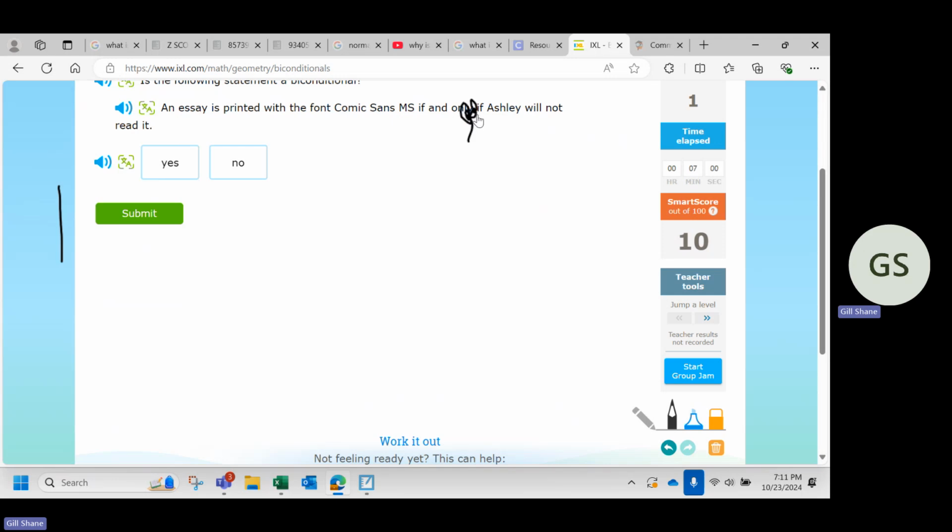So again, get rid of this part. Ignore that. Or not ignore it, just get rid of it. And we're going to write this as two different statements. And I think that's easier to understand. So the first statement, I will write these, is I just create an if then, but without the if and only if part. So I just rewrite the whole thing.